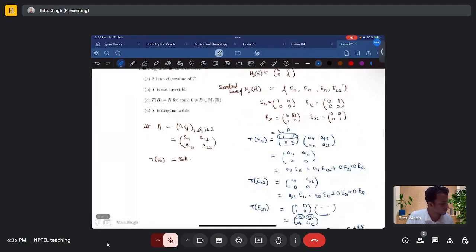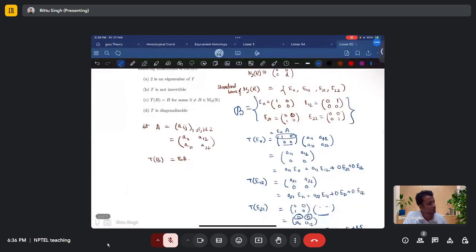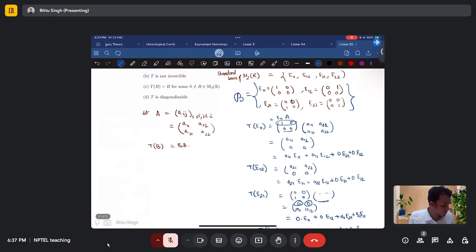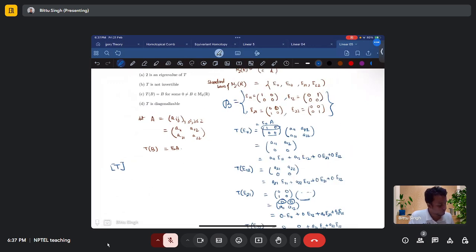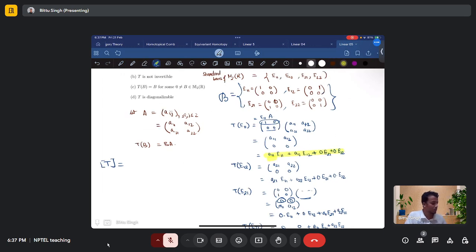Right? Therefore, the matrix representation of T with respect to the basis B. This is the basis of this vector space M2(R). So the matrix representation of T with respect to this basis is obtained by putting those coefficients in columns. Let me mark this.